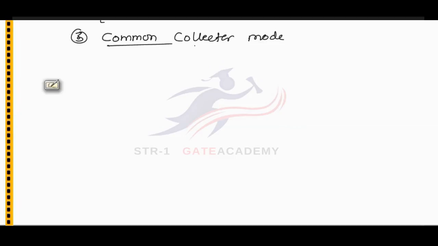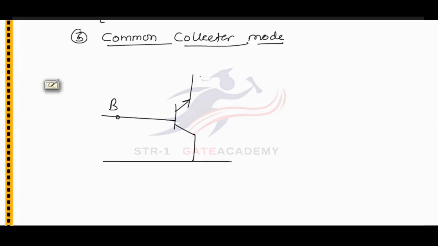Number 3, common collector mode. When it is used in common collector mode, input is applied to the base terminal, output is taken at emitter terminal, while collector terminal is kept common between input and output.